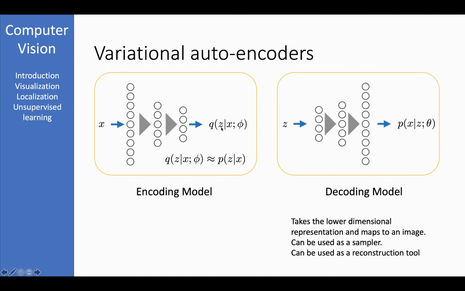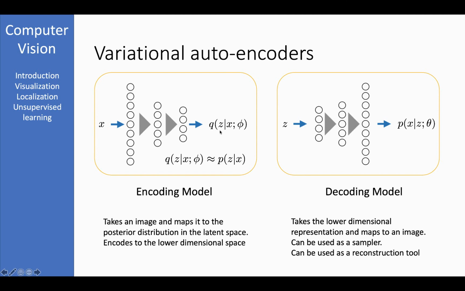And for the modeling of Q, the posterior distribution, I have an encoding model which takes a sample in the image space and maps it to a distribution in the latent space. So it encodes the image to a lower dimensional space. So I have two sets of parameters here, and I will do exactly the same thing. I will maximize the lower bound for each of these samples, assuming that the samples are independent, and optimize the parameters so that the evidence lower bound for the samples is maximized.